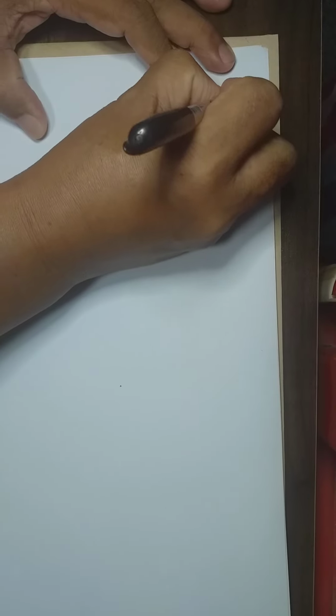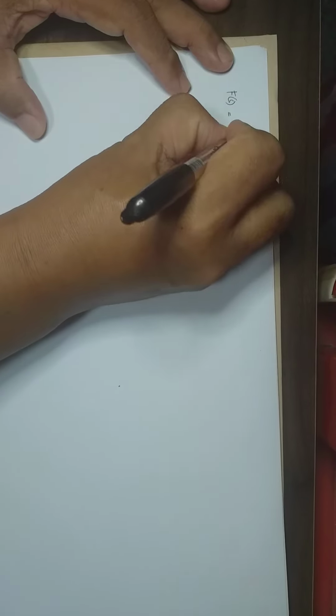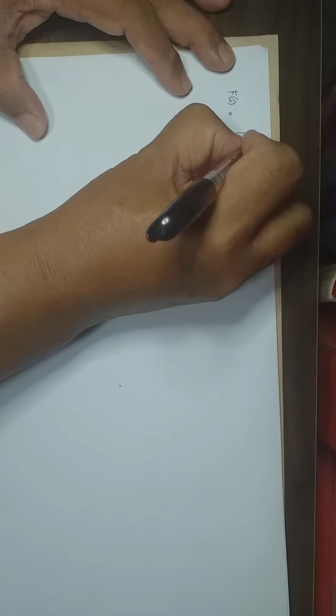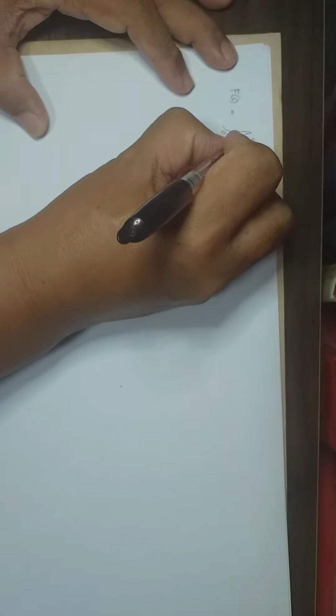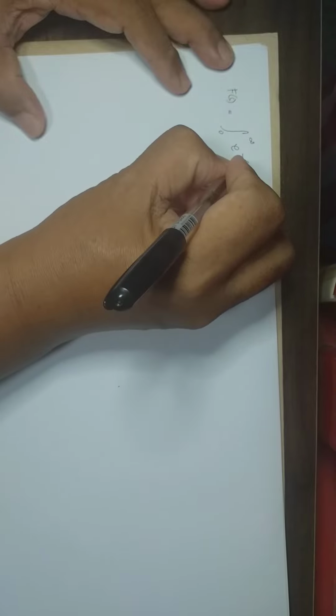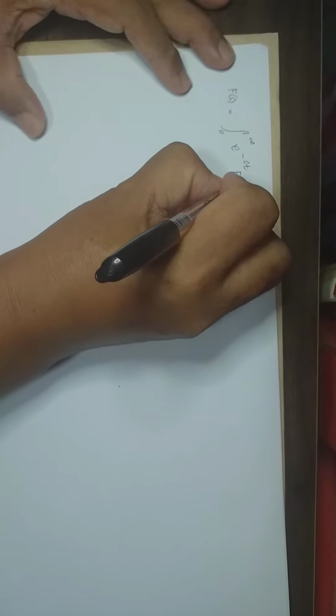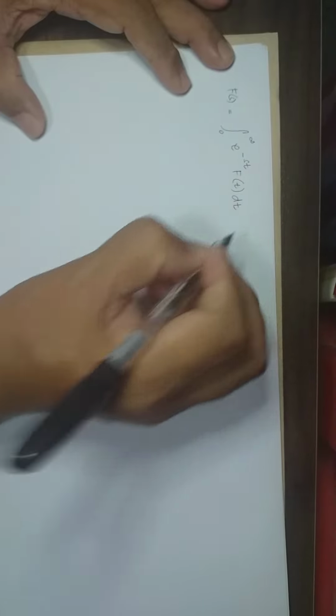Now let us have the Laplace transform. So the definition of the Laplace transform is, if the function f of t is defined for all positive values of t, where t is greater than 0, and if s is a real number such that the improper integral F of s is equal to the integral from 0 to infinity of e to the negative st f of t dt, exists, then it is the Laplace transform of f of t.